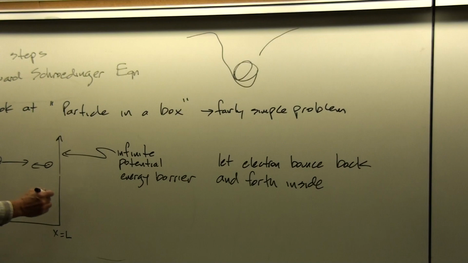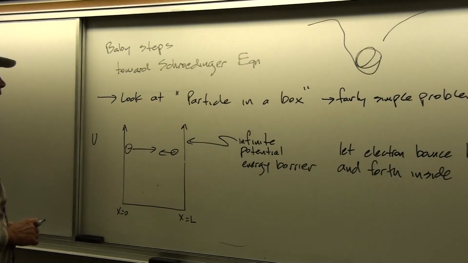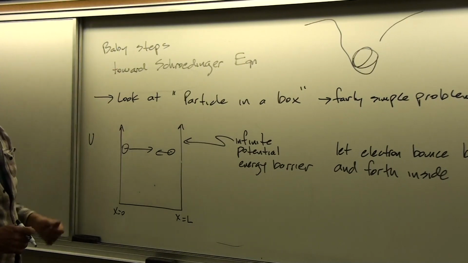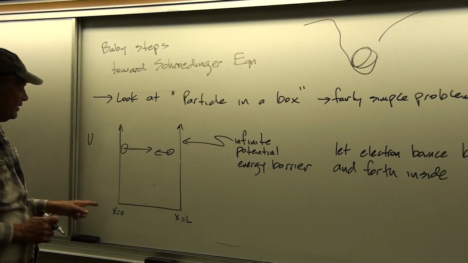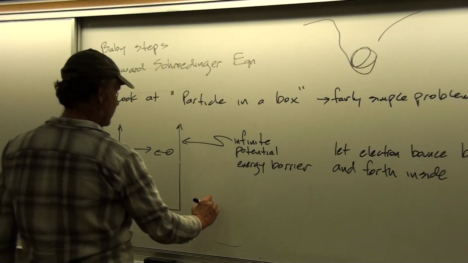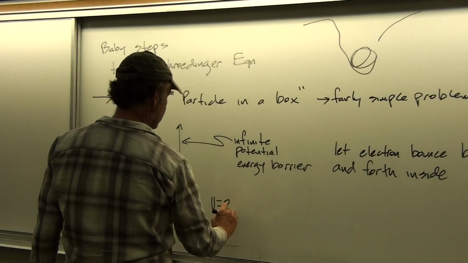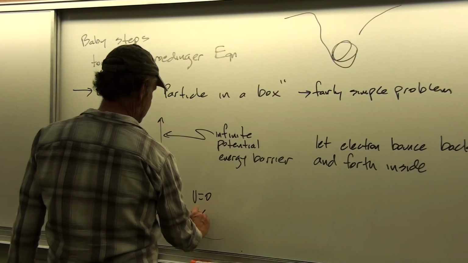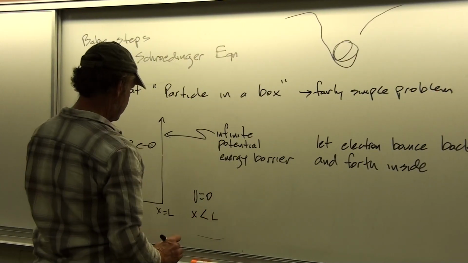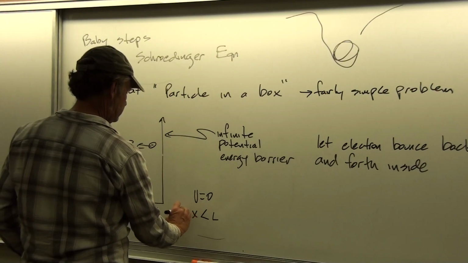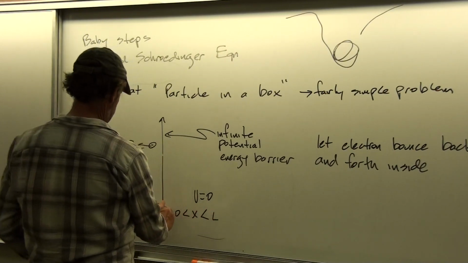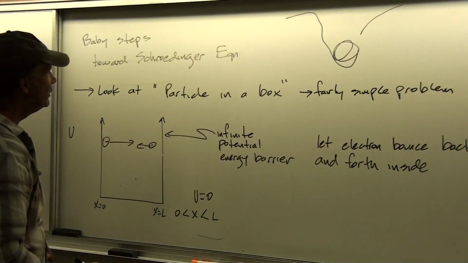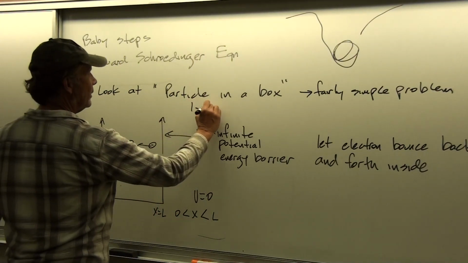But for mathematical simplicity, we're going to let the potential energy barrier go to infinity, so that we have a region in here where U is equal to 0 when x is greater than 0 and less than L. This is x equals L. This is a one-dimensional particle in a box.